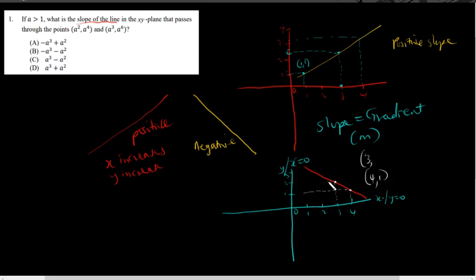But the y is increasing, from 1 to 2. So you can see that that is actually what is happening here. When we have a situation like this, we say that the line has a negative slope. So that is the shape of a line that has a negative slope.